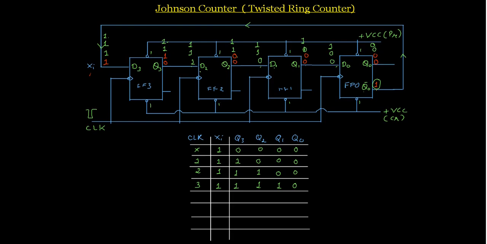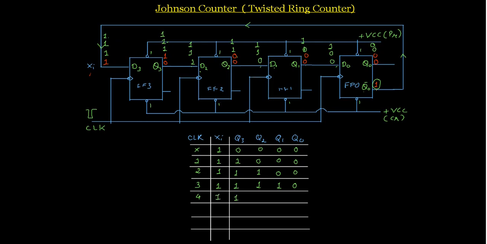So at the end of the fourth clock pulse, this high level is going to be transferred here, and Q3 becomes 1.